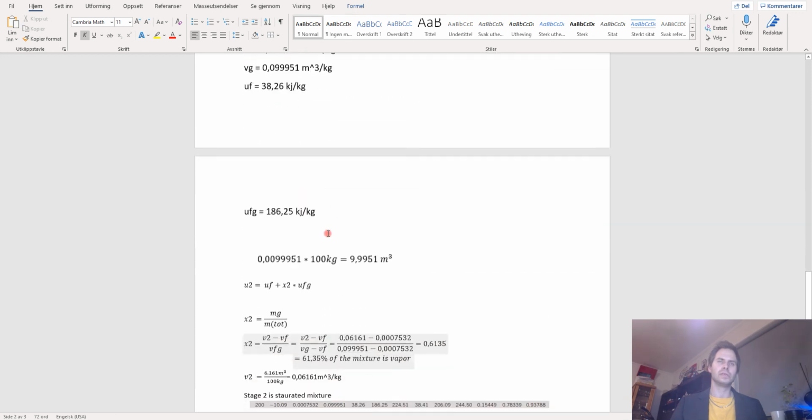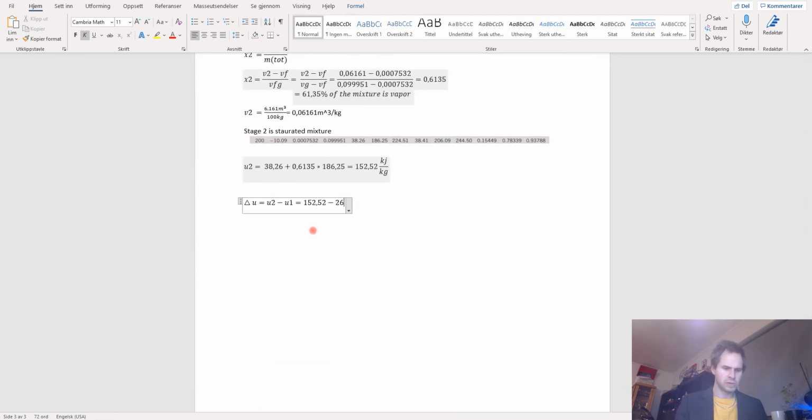U1 is 263.09, and that will be like 110 or something. I want the exact number. 152 minus 263.09 is negative 110.57 kilojoule per kilo.